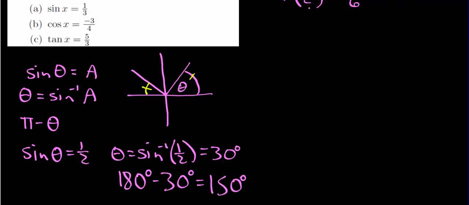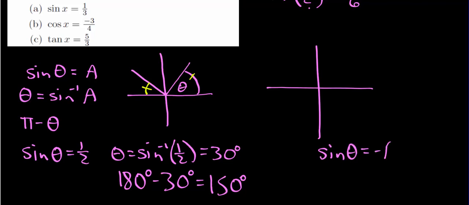Now let's look at cosine. And before we look at cosine, though, it doesn't matter if a is positive or not. If a were negative, let's suppose that we have the sine of theta equals a, and let's just say a is negative. Now, when we do that inverse sine, what we're going to get is an angle down here, like this.